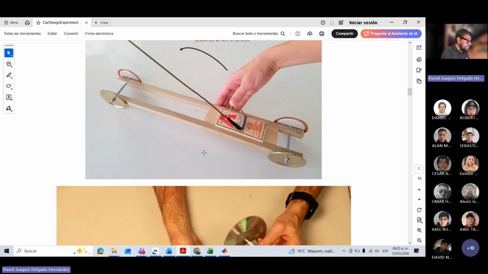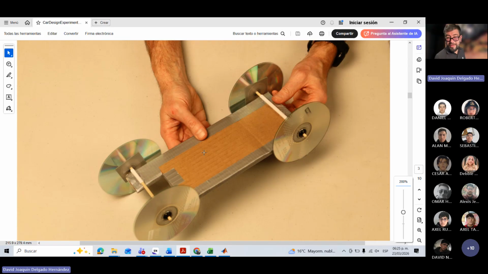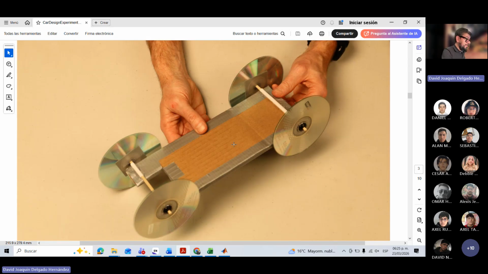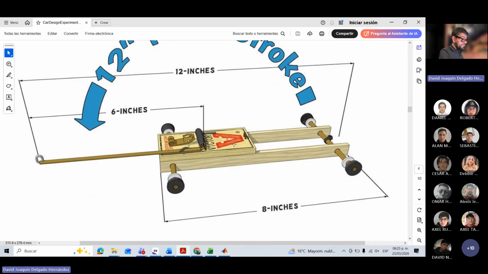Here is another example. The design matters, obviously. You can have a pencil. For instance, this guy put a pencil here for the axles. He used some board and things like that. There are different examples.